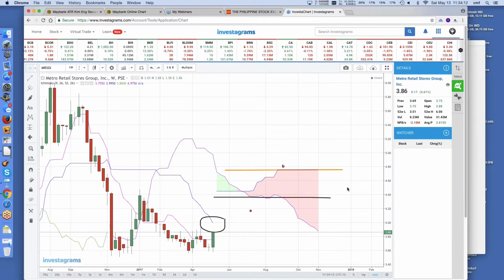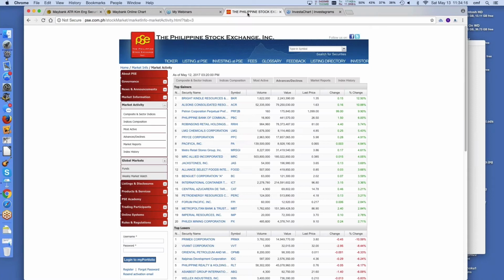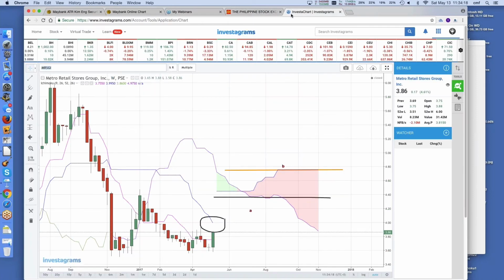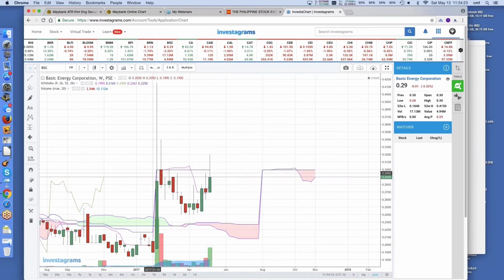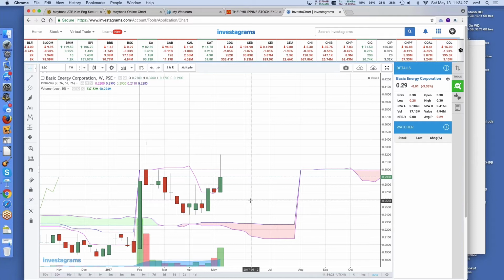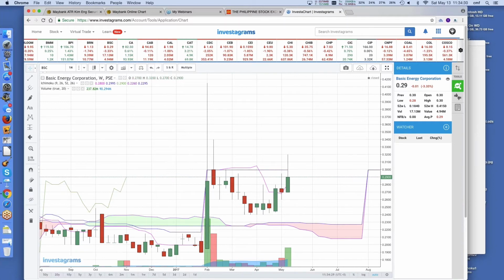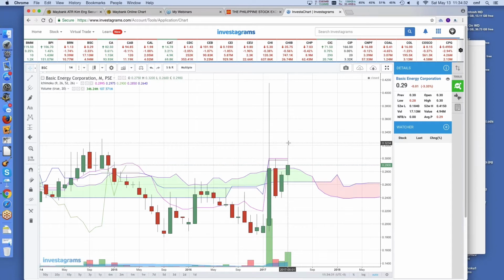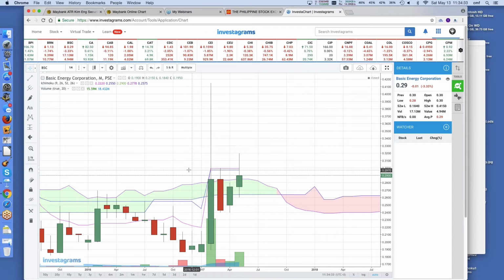What else? Yeah, let's look at other potential. MRSGI made a very good move. This is an if, because you see that on the monthly chart, there is a confluence of resistances at the 30 area. This is where you find the Tenkan-sen and the Kijun-sen line. It tried once and failed.